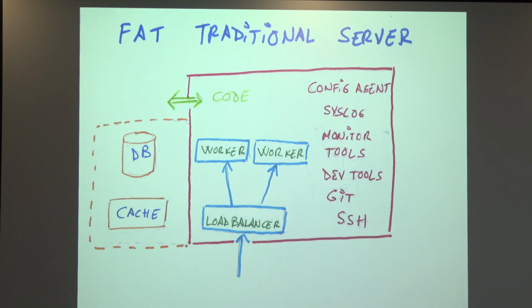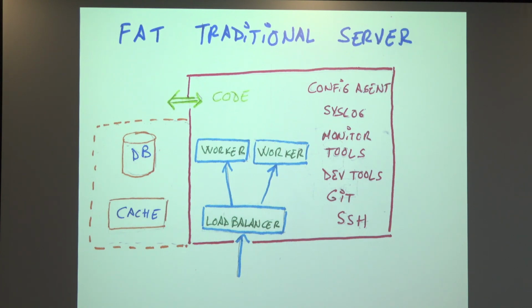You probably need access to Git to get the code, a way of injecting the code, and SSH access so people in ops can enter. That's the standard setup. And maybe if it's a development environment, you also have your DB and cache inside the server and everything. That was my initial approach to Docker: just cram everything inside the container.